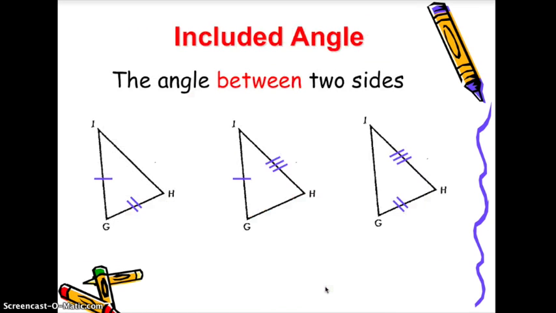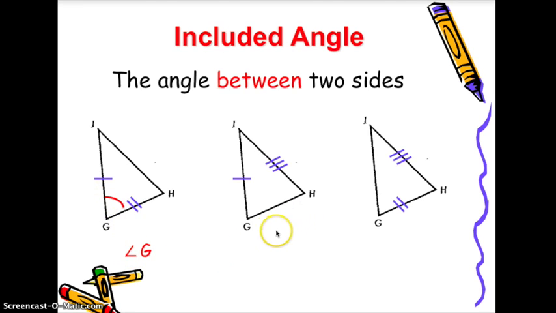So let's see if we can recognize which one would be the included angle in this example. In this first triangle, I see that this side is marked GI and the side is marked GH. Well, the included angle then would be what? G, I, or H? It would be G, because that's where these two sides touch. Okay.